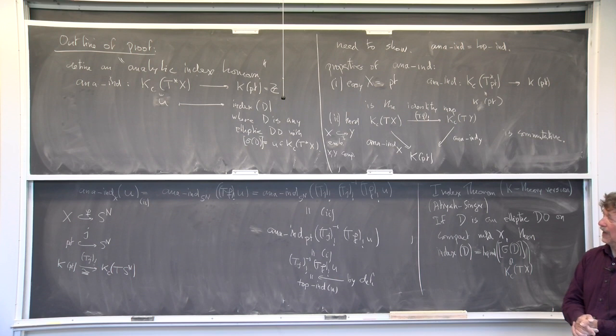And then I think historically, before this came the Dolbeault operator. You roll up the Dolbeault complex into one operator, and you ask, how do you calculate that index? And that index turns out to be the Todd genus of this manifold.